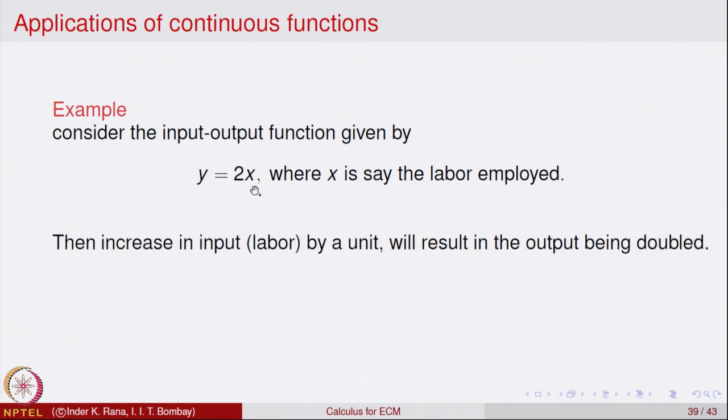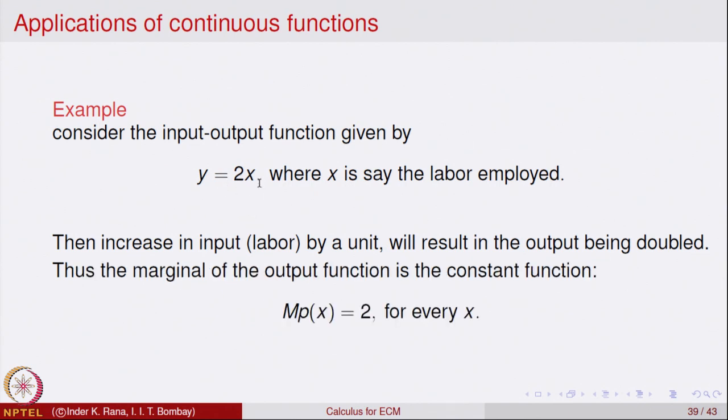It clearly indicates that if you increase x, y is going to increase, because the slope of this linear function is positive. From this formula it is clear that if we increase the input x by 1, then the output is doubled.